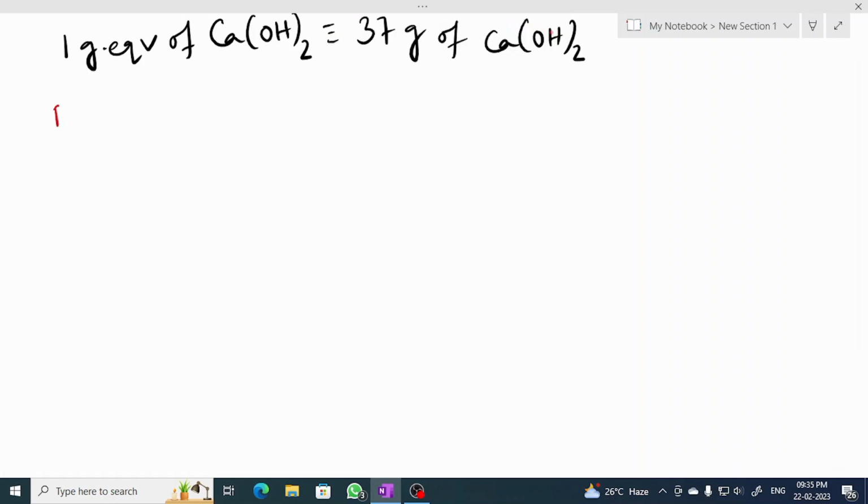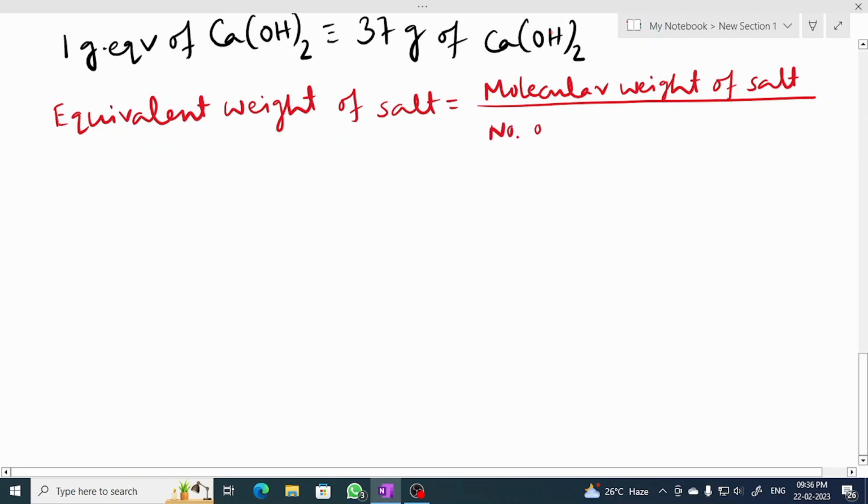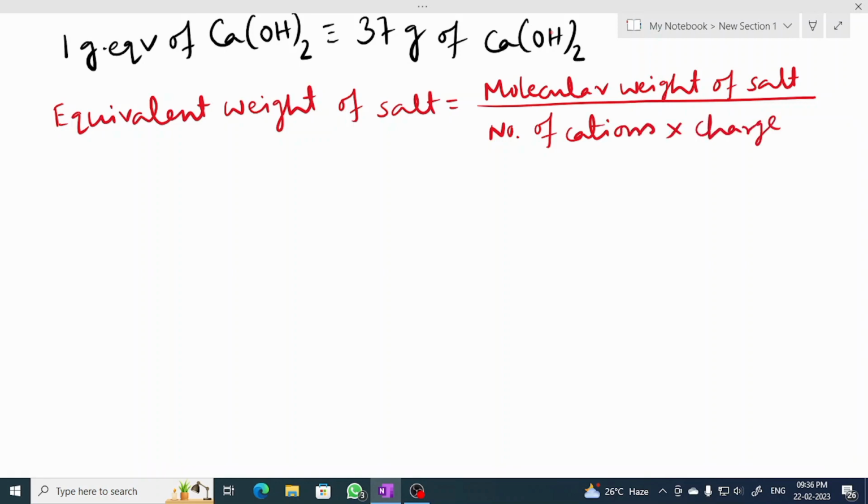Equivalent weight of a salt is molecular weight of the salt upon number of cations into charge of cation.